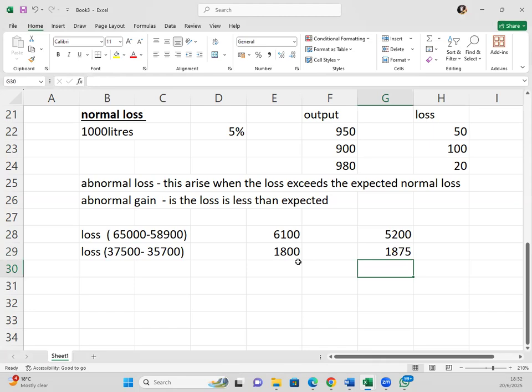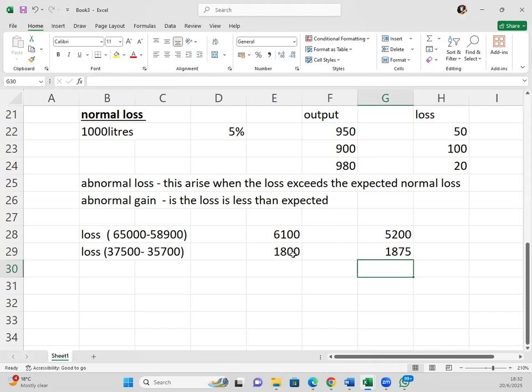So you actually gain. Your loss was less than you expected. Indirectly, if the loss is less than you expected, it's a gain to you. Abnormal gain: the loss is less than expected.